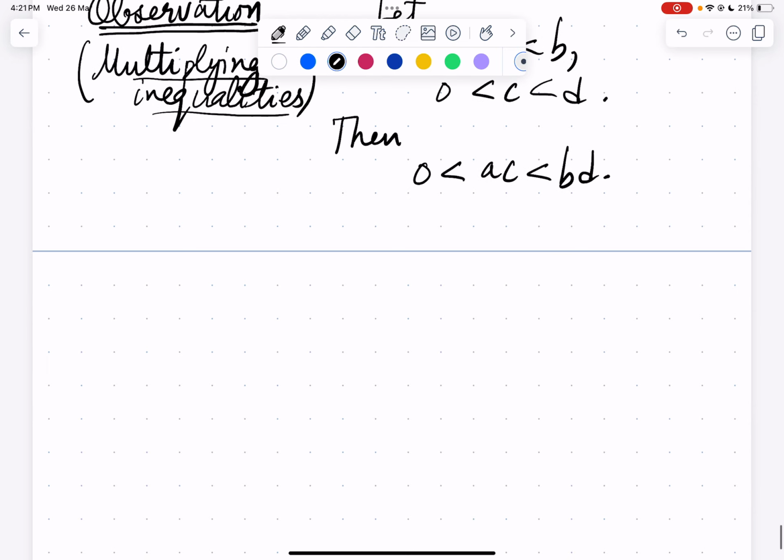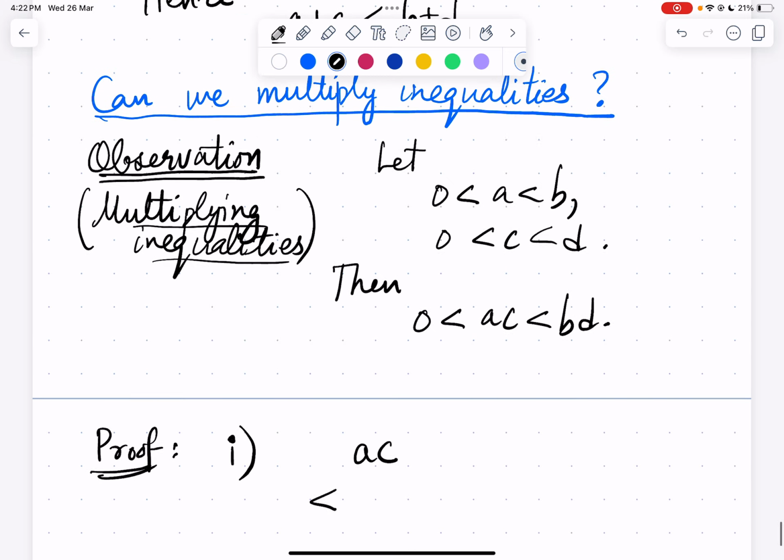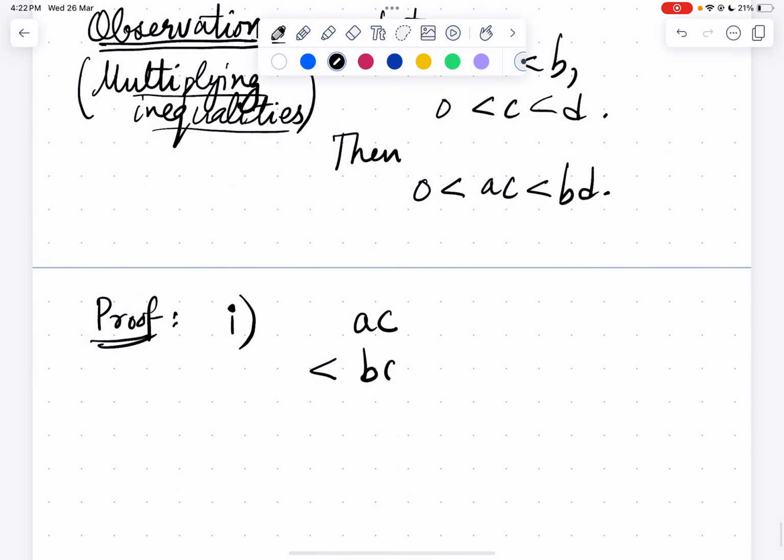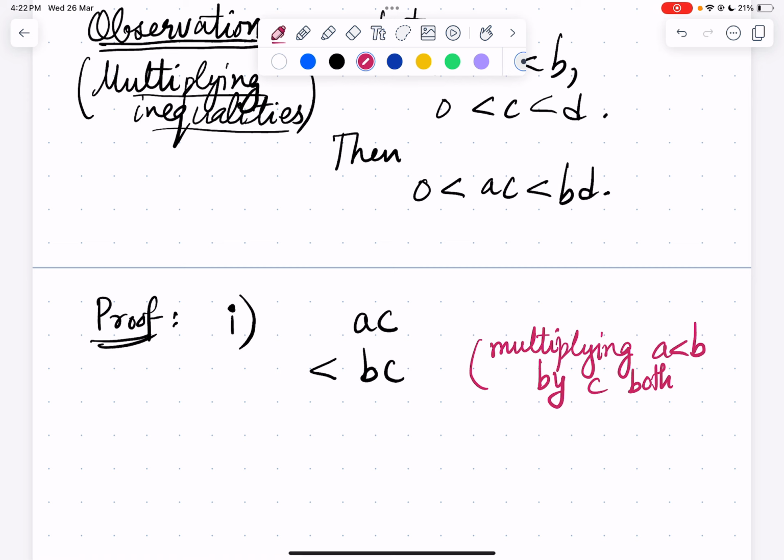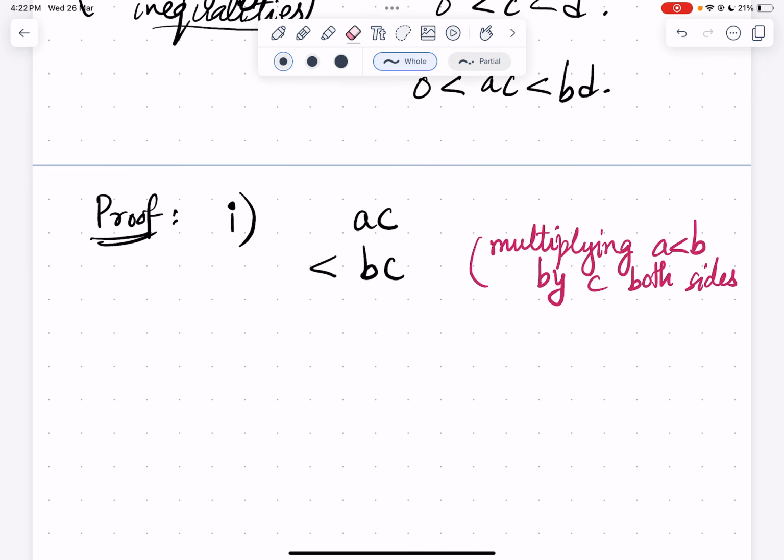So here's the proof. One way to approach is, we have AC. A is less than B, hence AC is less than BC. This is because of multiplying A less than B by C on both sides, which is understood.